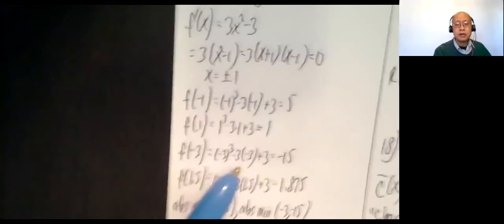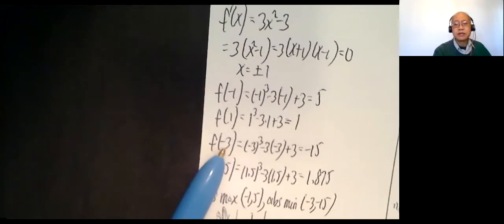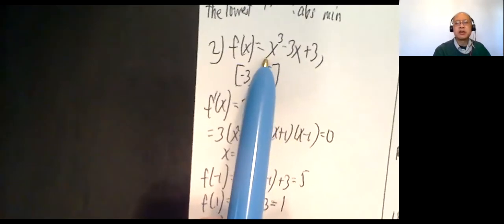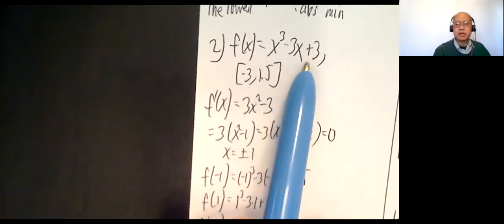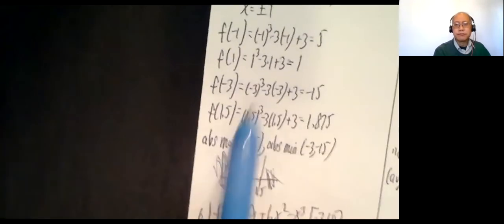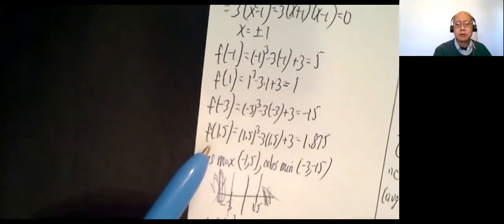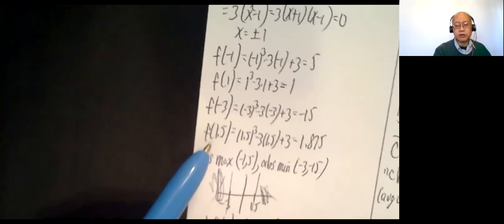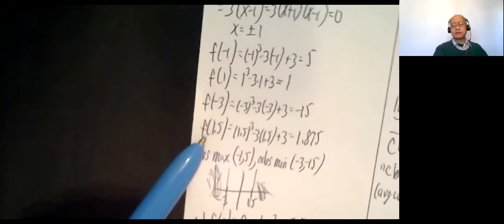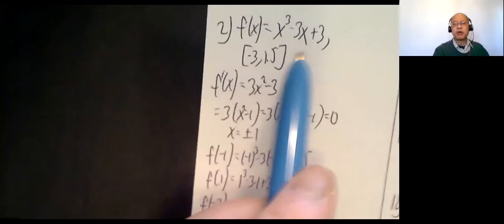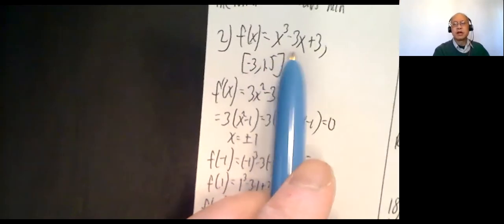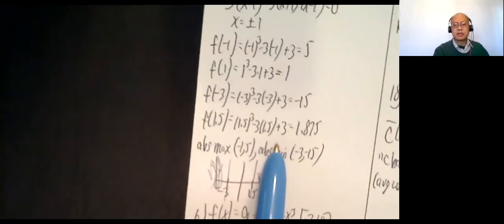Okay, -3, a little bit harder. Negative 3 cubed minus 3 times negative 3 plus 3. Okay. So that's negative 27 plus 9 plus 3 comes out to be negative 15. Well, 1.5 is the hardest, of course, so you have to punch that in the calculator. Okay, I'm willing to show you that on the calculator. So plug in 1.5 to the original. 1.5 cubed minus 3 times 1.5 plus 3.